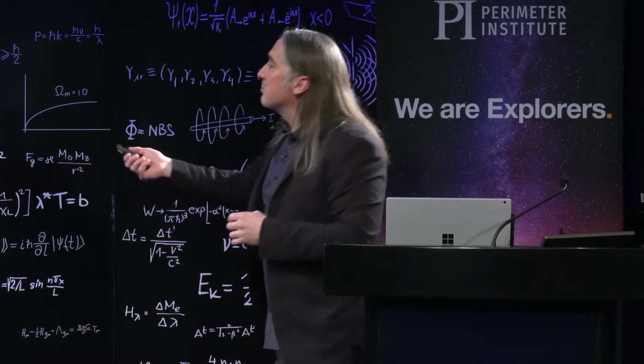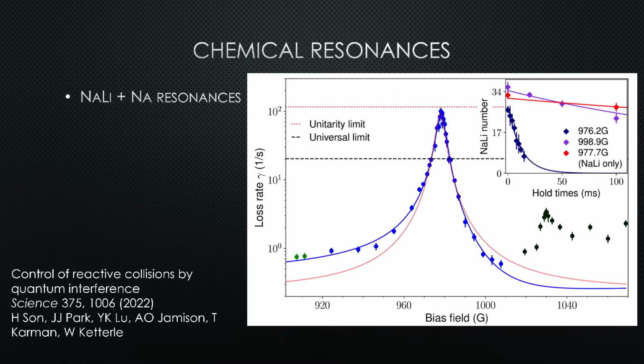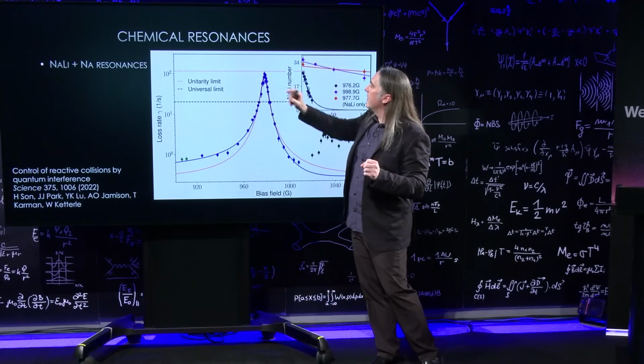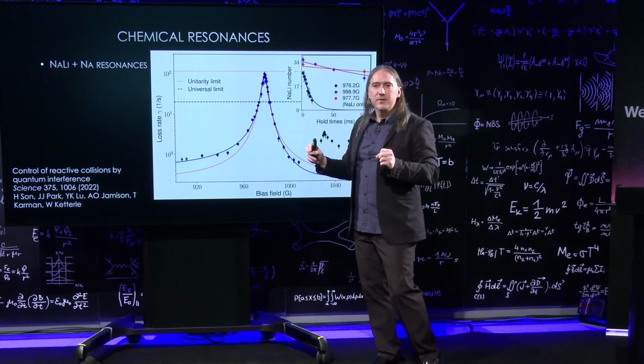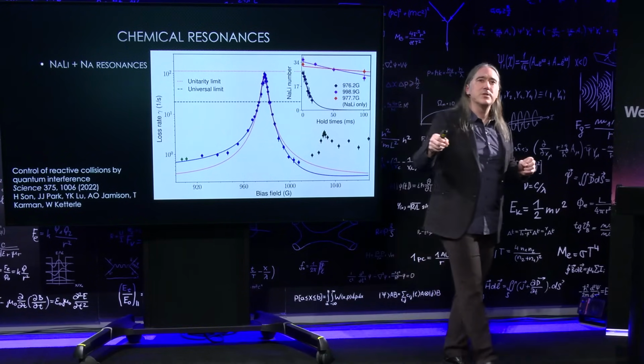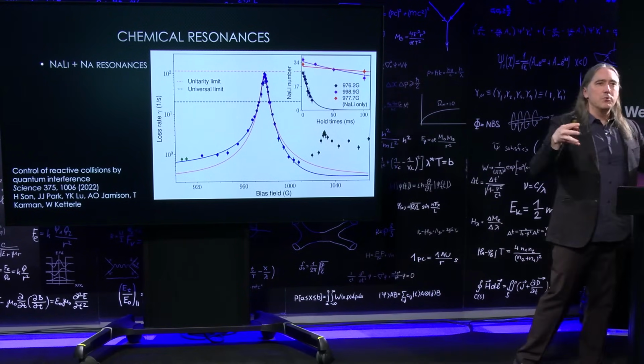So when we come back to this plot, the black dashed line, that's how fast we would lose them if everything that made it to short range was lost with 100% probability, which sounds like the fastest reactions you could have. The reason we can shoot way past that bound is we have less reaction at short range. Counterintuitive. Less reaction at short range gives us a good resonator.